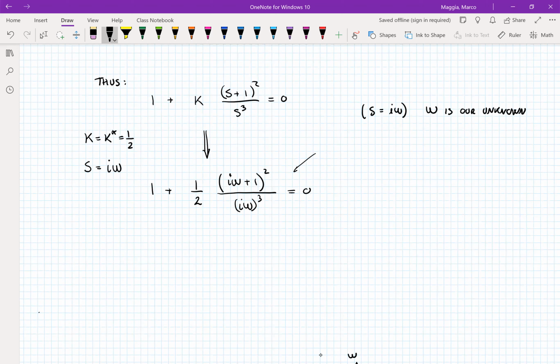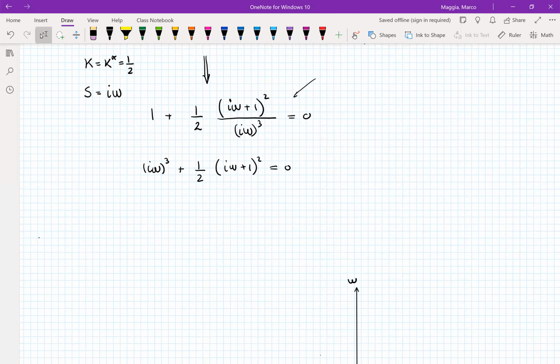So let's see how this is solved if you don't recall how to do it. Well, let's multiply everything by (i omega) cubed. So we have (i omega) cubed plus 1/2 times (i omega plus 1) squared equals 0.